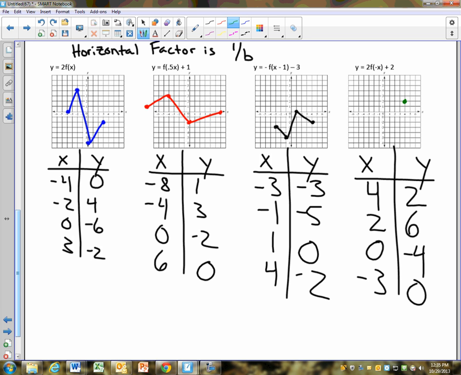Over 2 up 6. 0, -4. -3, 0. Does that look like something that's been flipped around the y-axis? It sure does. So you can see how we generate the coordinates.